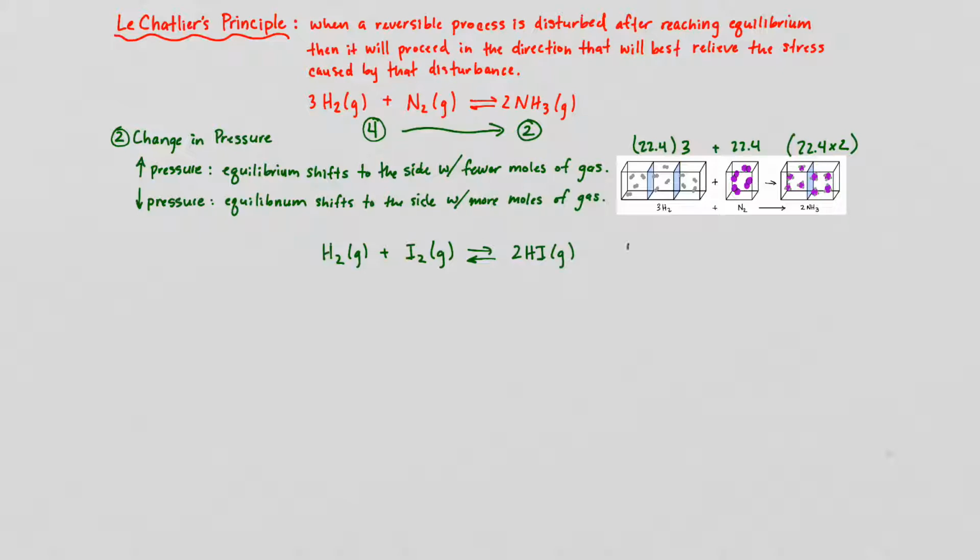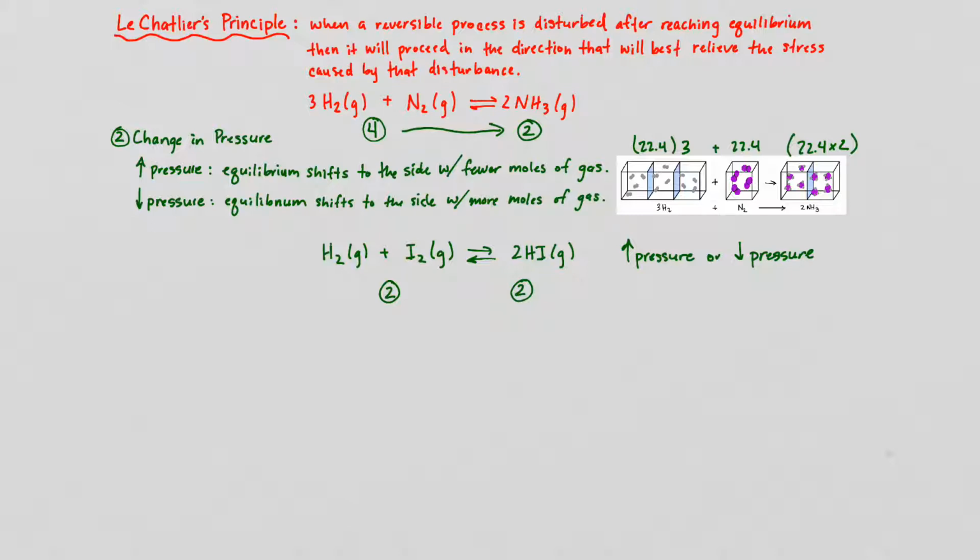And if I increase the pressure, what's going to happen? Well, you'd be like, it's going to shift to the side with fewer moles of gas. Well, which side is that? This side has 2. This side has 2. So therefore, these changes in pressure are not going to do anything to disturb equilibrium.